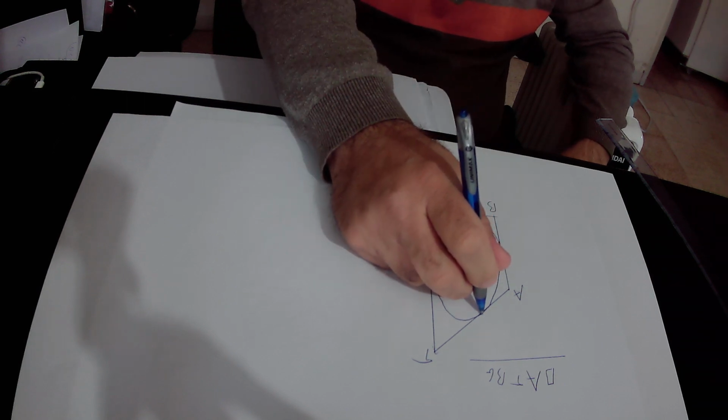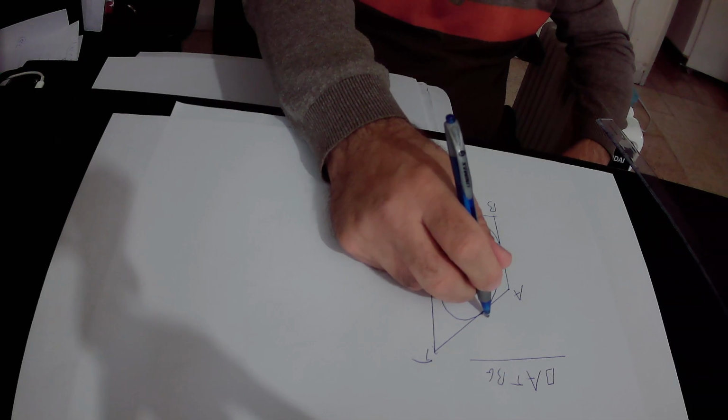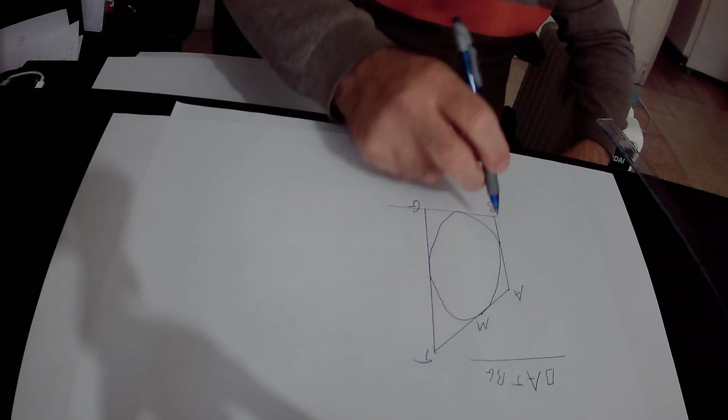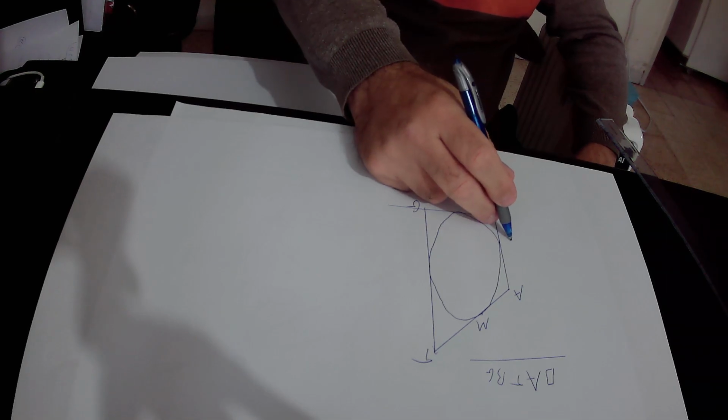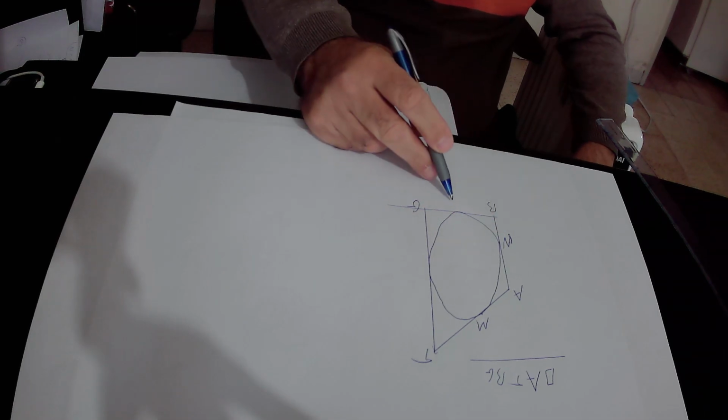This is the first point of tangency, so we'll define this point as M. This is the second point of tangency between the circle and the quadrilateral. We'll define this point of tangency as N. This is the third point of tangency between the quadrilateral and the circle.